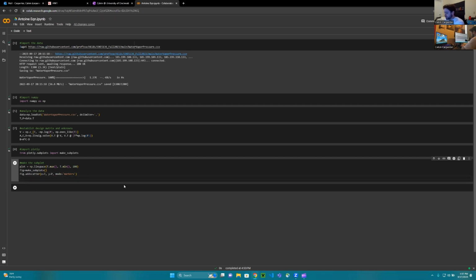And then we're going to add our second scatter. Fig dot add scatter. Our x is going to be our plot, which is our model for t. Our y is going to be our Antoine equation, which is a minus b over plot plus c.